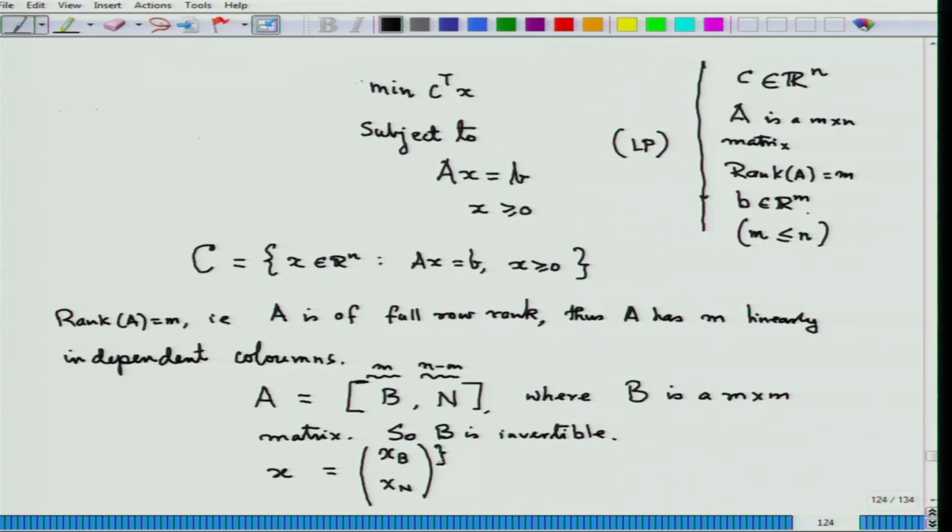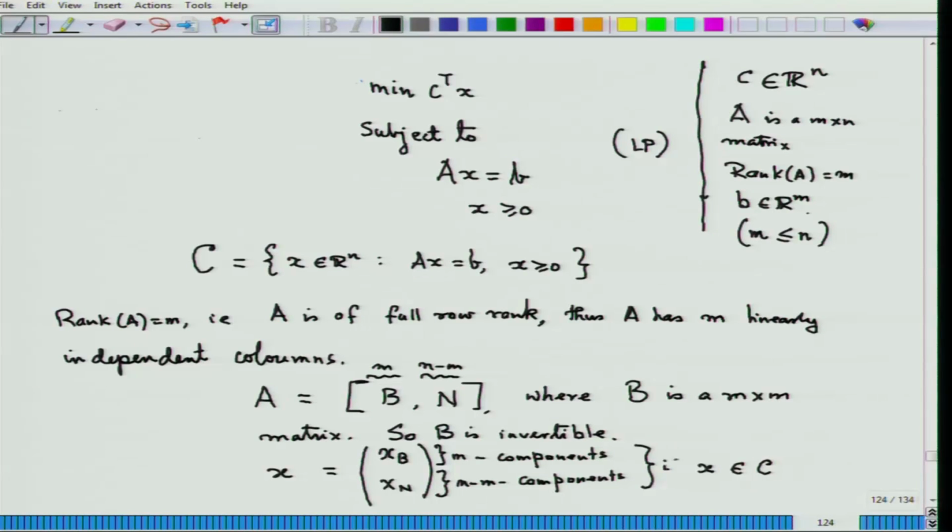So, here I have m components and here I have n minus m components, and let us assume that x is in C.